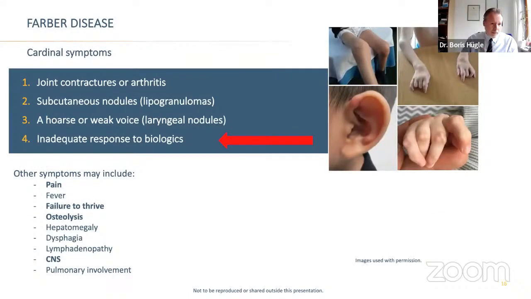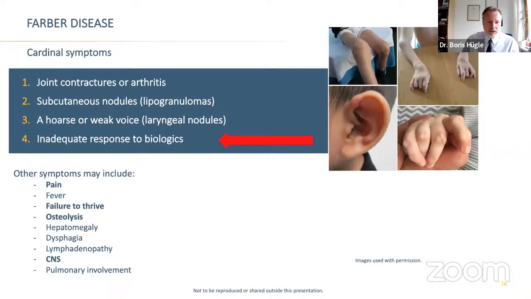So, you've heard about the triad that is always mentioned in the literature, and here we have to add a fourth symptom because it is actually quite helpful in the clinical setting. So you do have arthritis and you do have nodules and the hoarse voice, but you also have patients who show inadequate response to anti-rheumatic treatment, biologics here, but any other anti-rheumatic treatment as well.